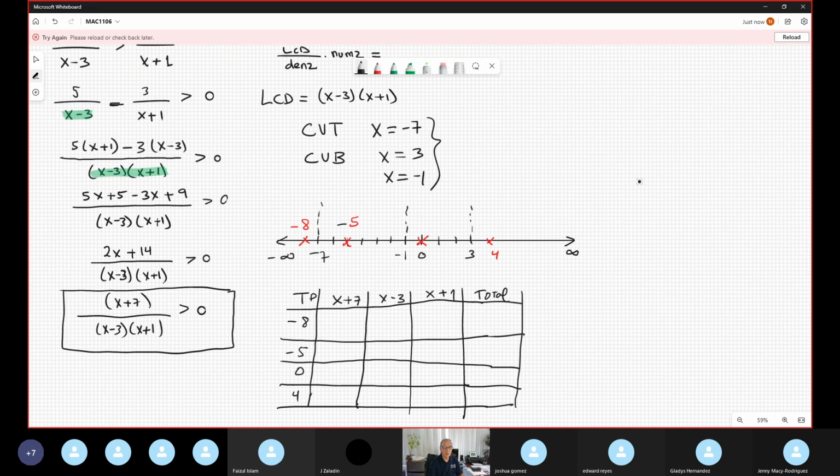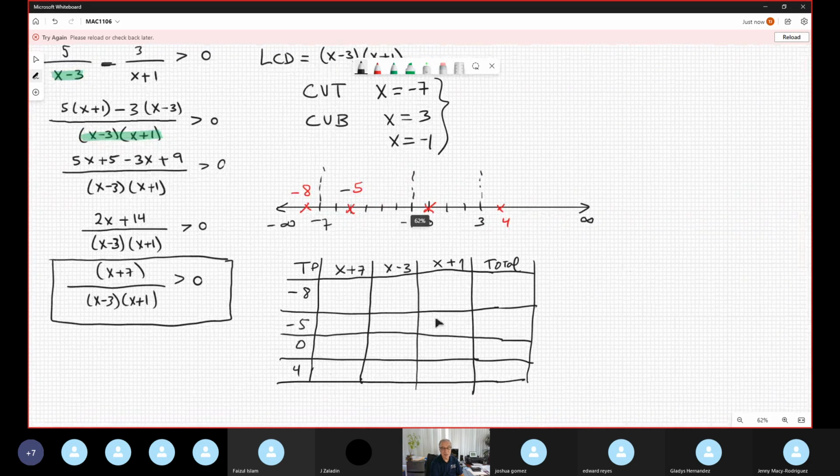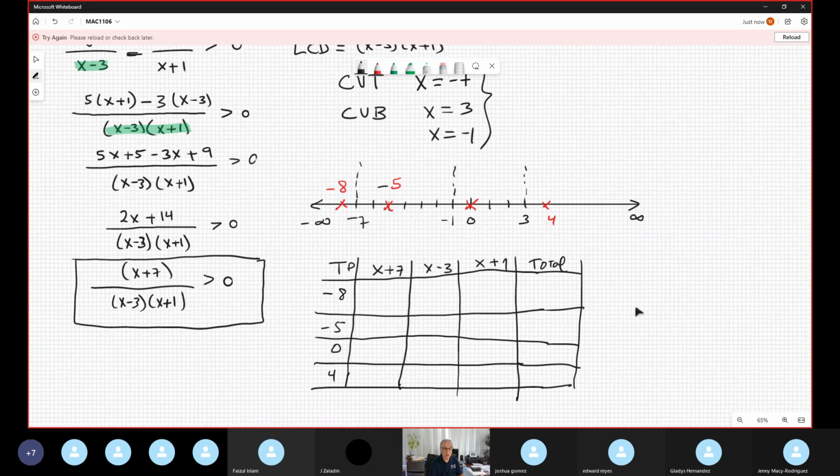Okay, I'm plugging in one by one. That's super easy. What are the advantage and disadvantage? Maybe it's too long. However, the disadvantage: you plug in negative 8 here, and this is a little bit much, you put it in the calculator, maybe. This is negative, this is negative, and this is negative, and 3 negatives is negative.